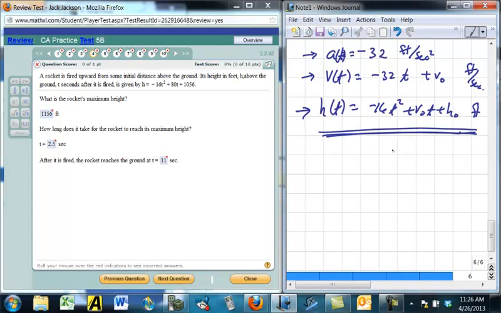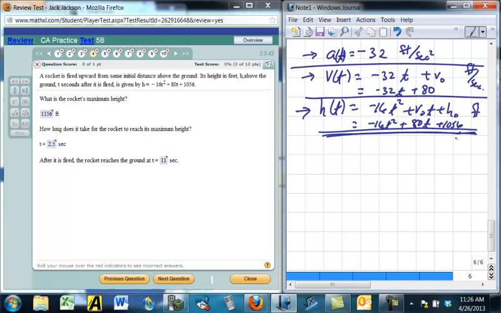So by looking at these numbers, I can tell you what some things are. The velocity is negative 32t plus the initial velocity, which is 80. So our initial velocity is 80 feet per second. And our height is negative 16t squared plus 80t plus 1056, so our initial height is 1056.